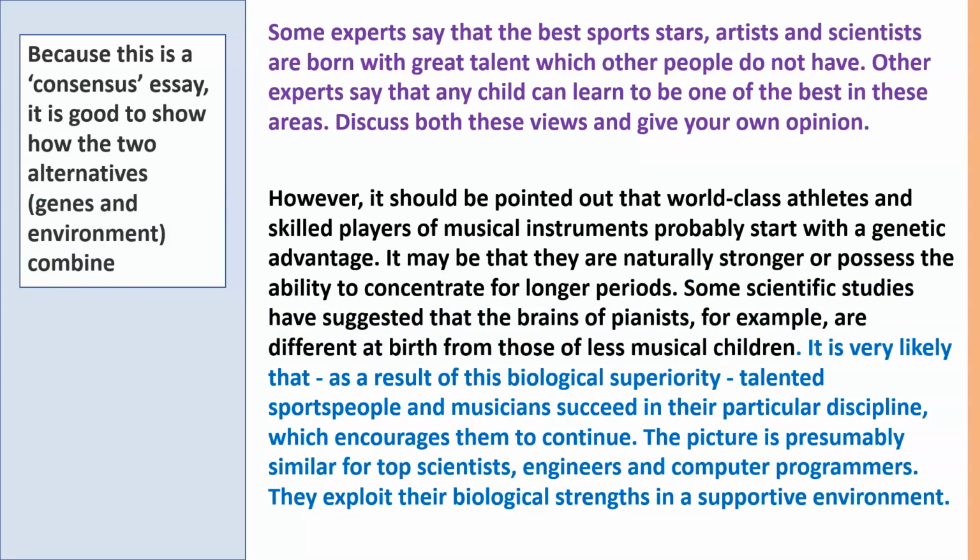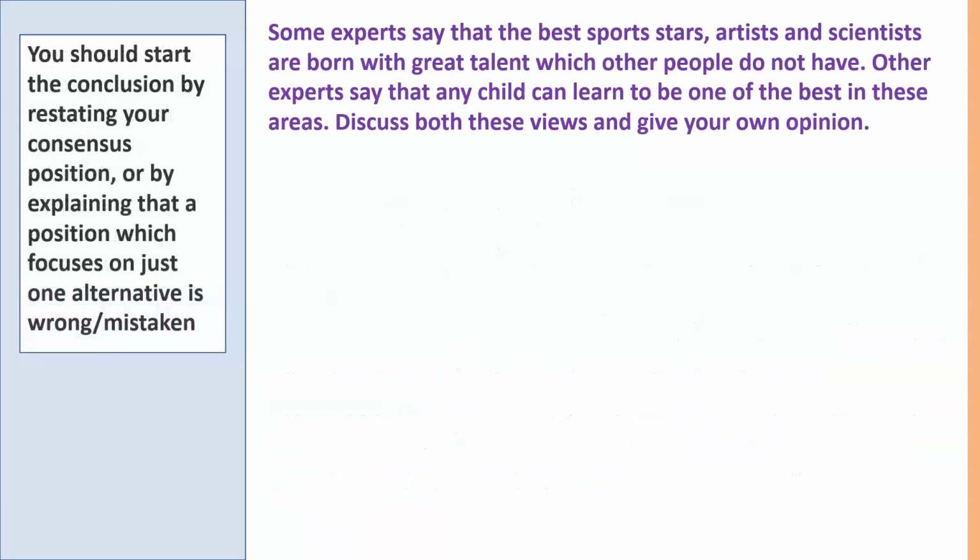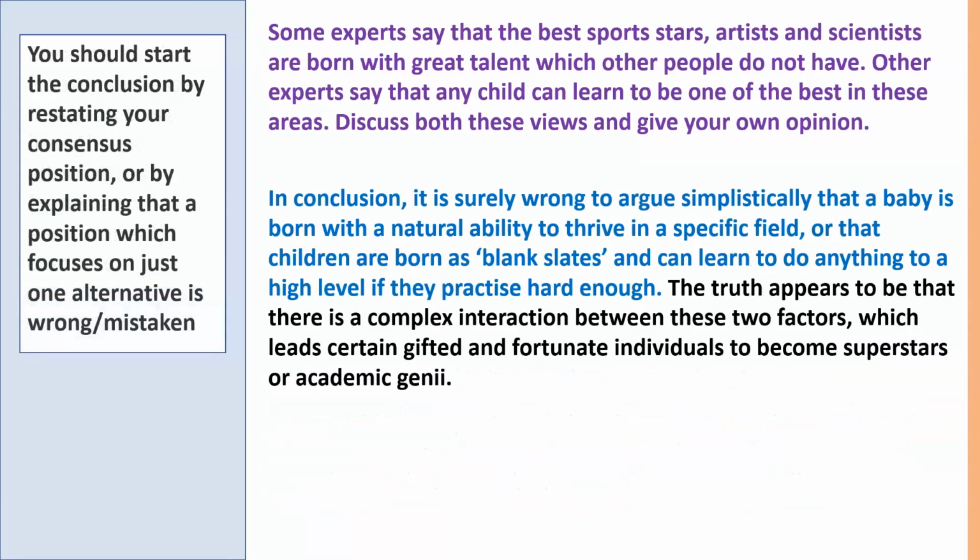And because this is consensus, it's good to show how the two alternatives, that's genes and environment, combine, and you can often do this at the end of your second main body paragraph. On to your conclusion, and start by restating your consensus opinion or by explaining that a position which focuses on just one alternative is wrong or mistaken.